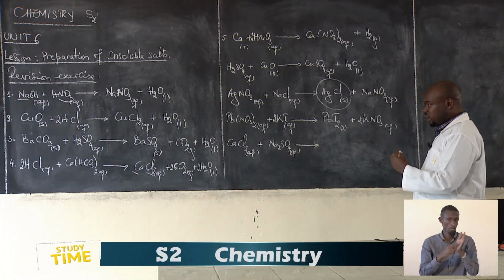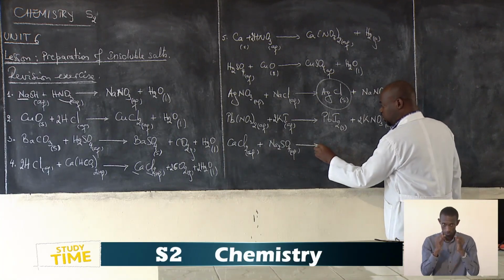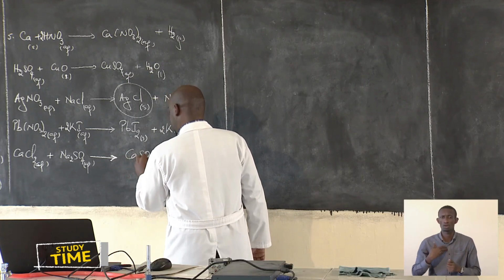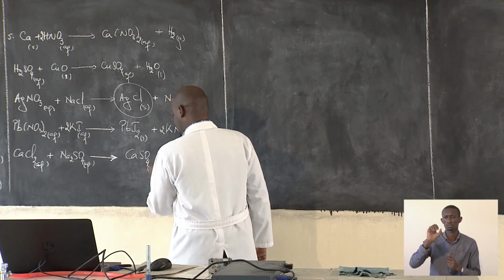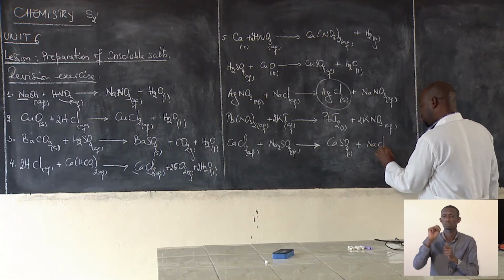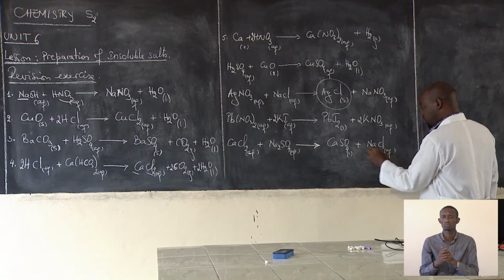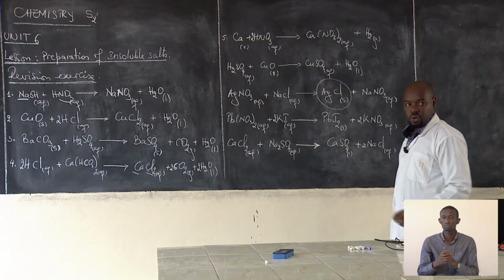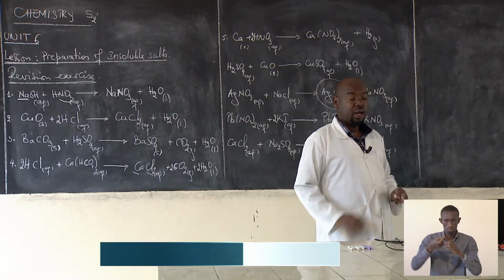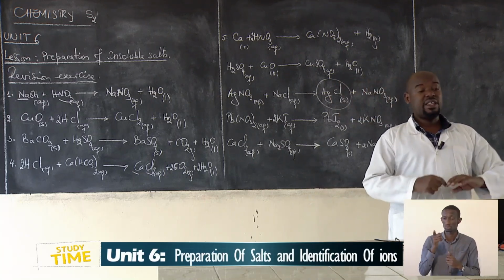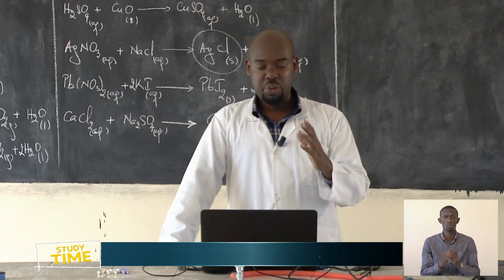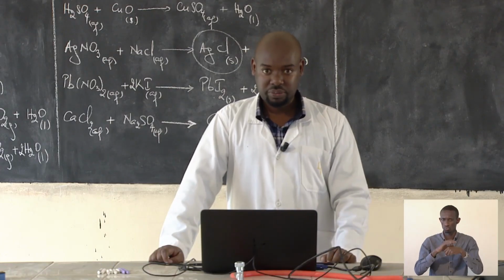Check if what you have given are similar to what I'm going to write. We have calcium sulfate, which is insoluble, plus sodium chloride. And as you know, sodium chloride is soluble in water, and we need 2 moles. We produce 2 moles. So that is one way, and the important method, the common one, of preparing insoluble salts.